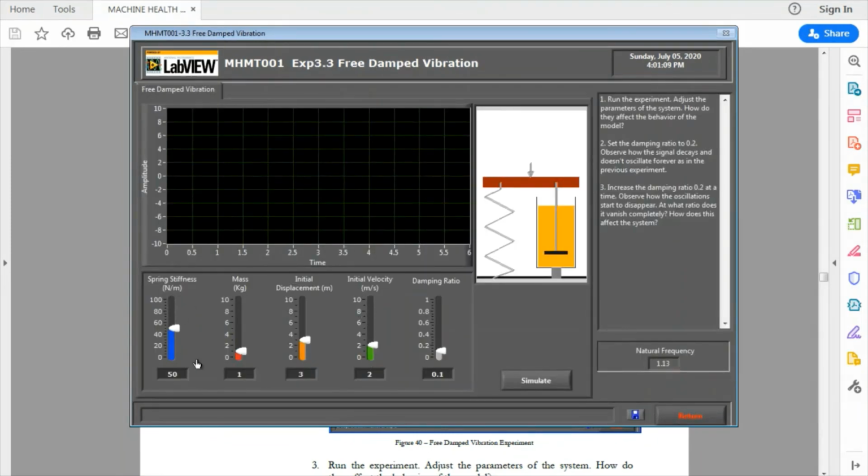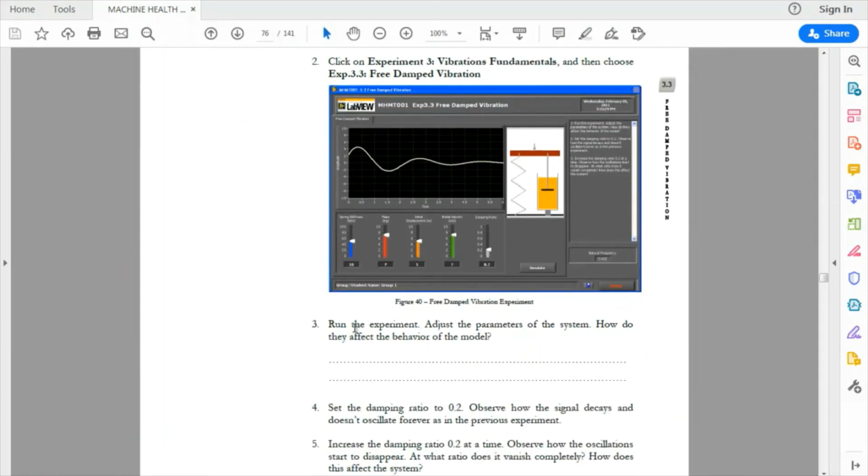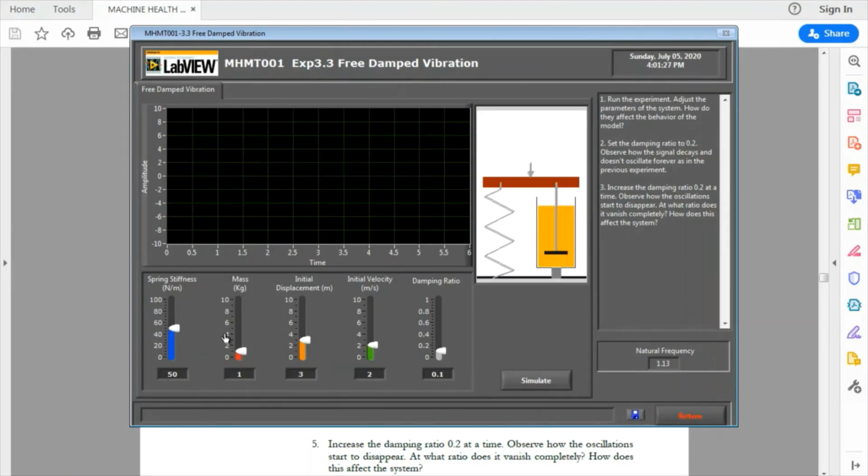Aside from the three values, we will have the damping ratio element in here to control zeta, the damping element. So we need to run the experiment and adjust the parameters of the system. How do they affect the behavior of the model? There is no need to repeat the four elements 1, 2, 3, 4 because we already did that in section 3.2. But the damping element, this is new.